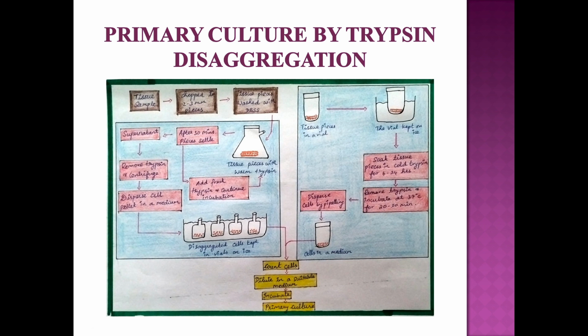The next method is cold trypsinization. This technique is more appropriately referred to as trypsinization with cold pre-exposure. It reduces the risk of damage to the cells by prolonged exposure to trypsin at 37 degrees centigrade. After chopping and washing, the tissues are kept in a vial soaked with cold trypsin for about 6 to 24 hours.